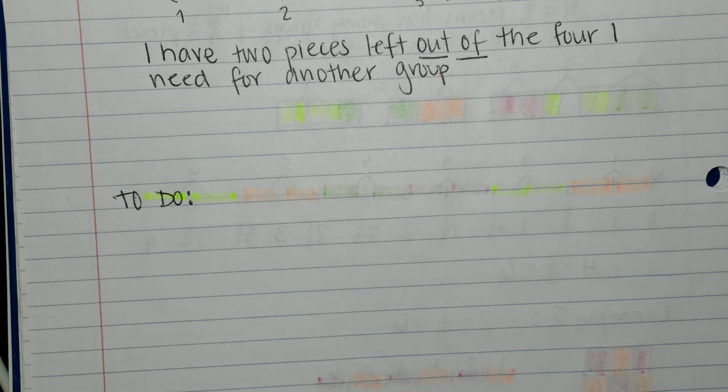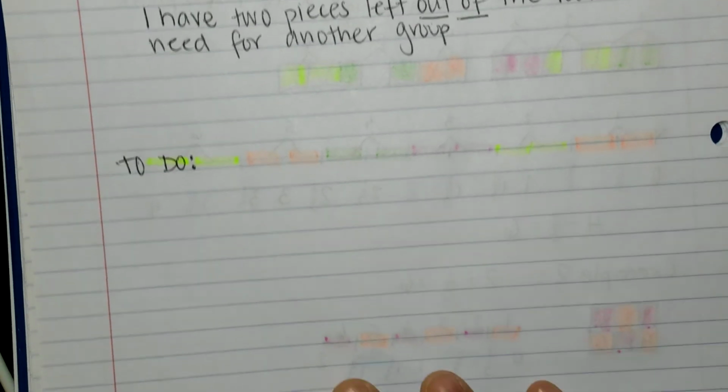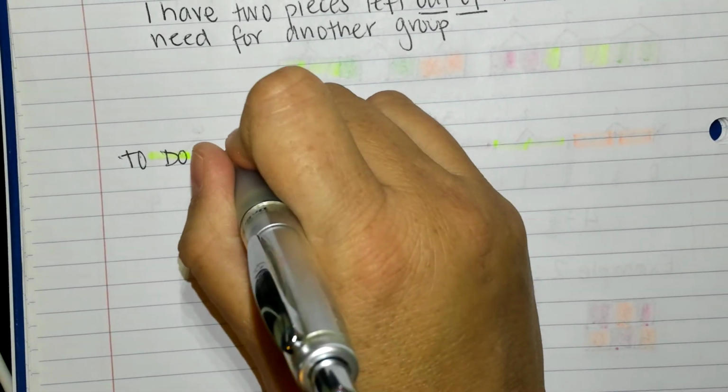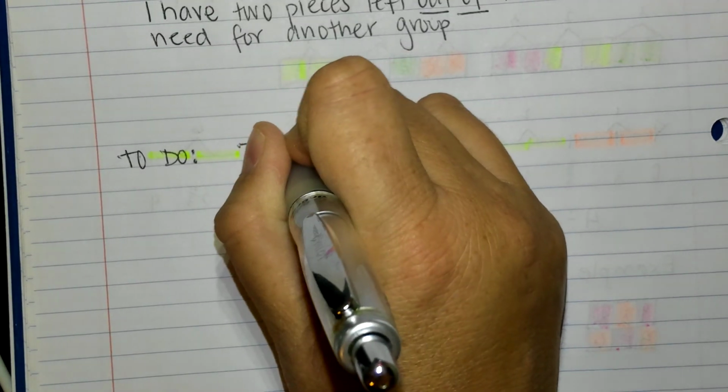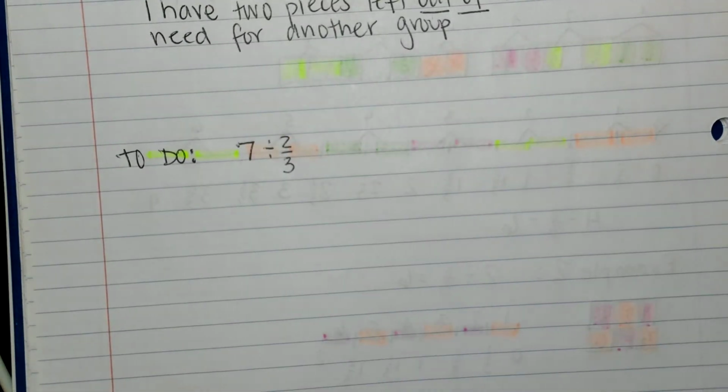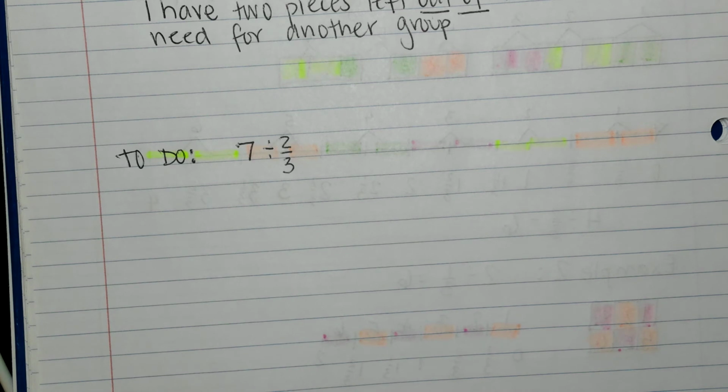And this problem is going to be a little bit bigger. So, 7 divided by 2/3. You will have pieces left over. So look at example number 3.